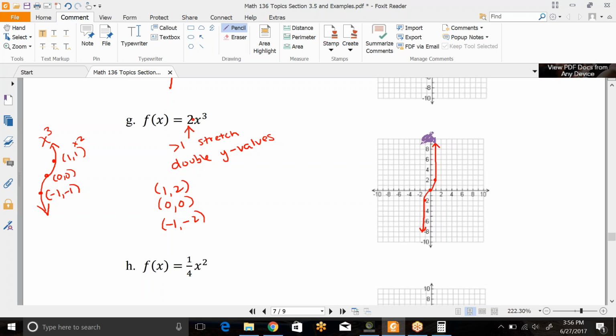It's been stretched vertically. How you would write this, if you had to write a description, is you would say the function has been stretched in the y direction, since it happened outside of the x cubed, by a factor of 2.